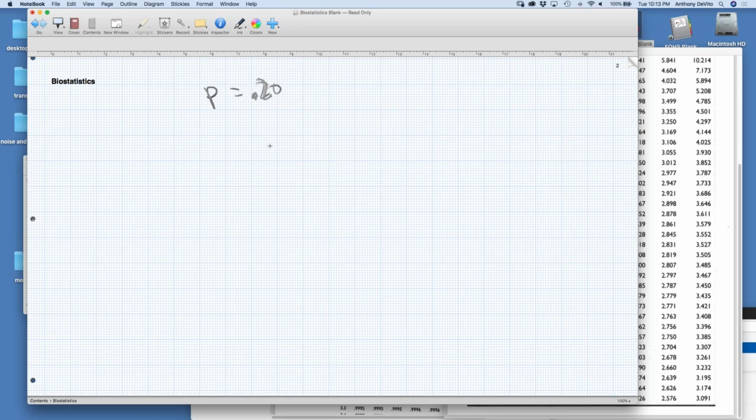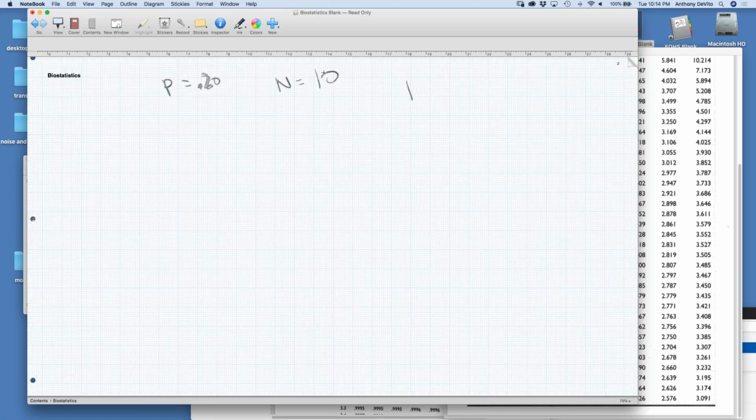Now, what if I told you I'm going to randomly select 10 people between 20 and 40 years old in New York City, that same population, and I'm going to ask you, what's the probability that out of those 10 people, exactly 2 bike to work on a regular basis?